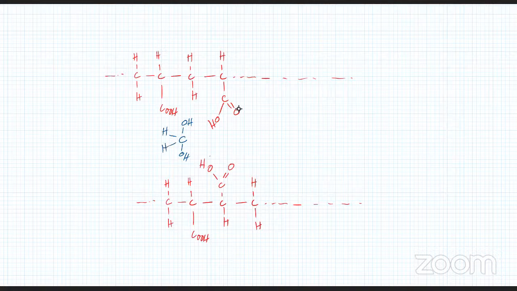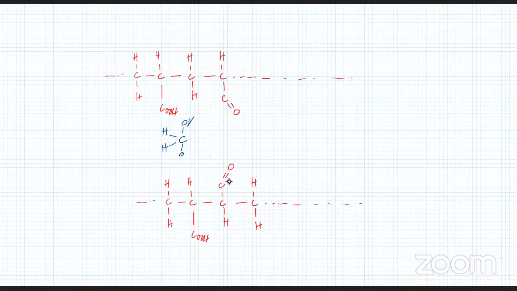Now what this molecule will do is that an alcohol reacts with a carboxylic acid. The OH of the carboxylic acid is lost, and the H of the alcohol is also lost.